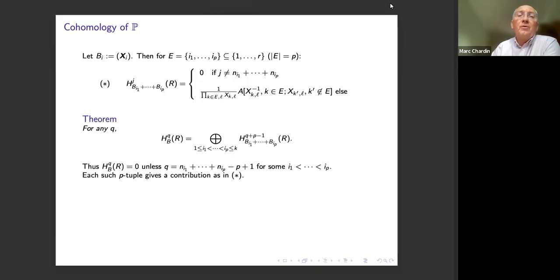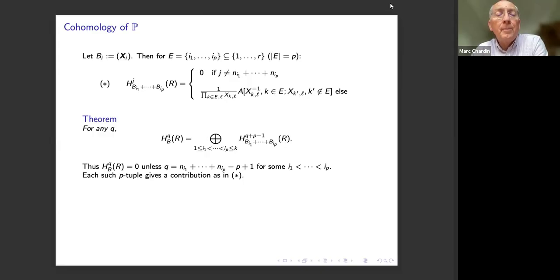And now for the ring itself, the cohomology with respect to B is just a direct sum of these, for the different possibilities B_{i1}, ..., B_{ip}. So you have many cohomologies that correspond to taking cohomologies with respect to different sums of variables.